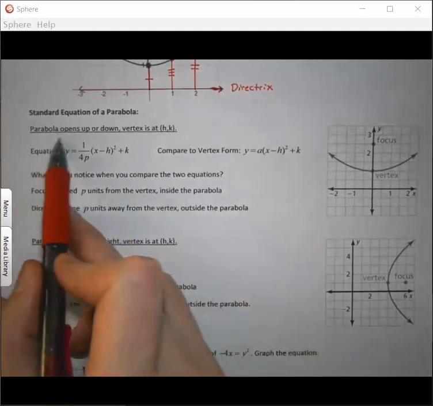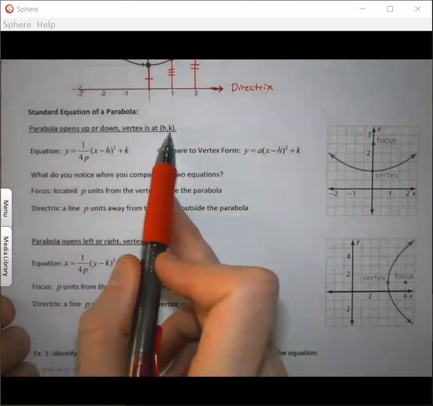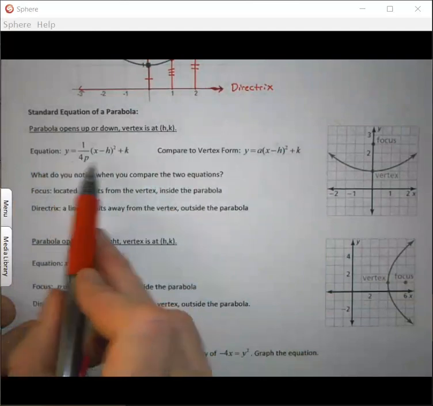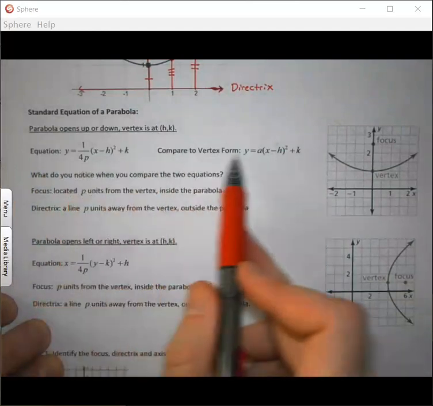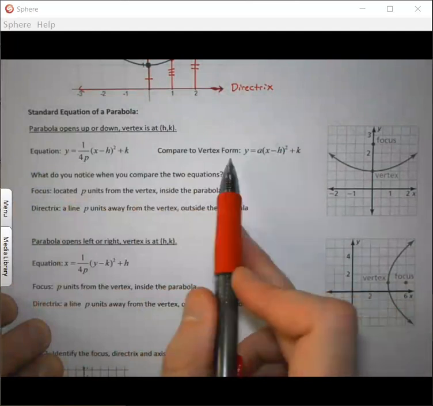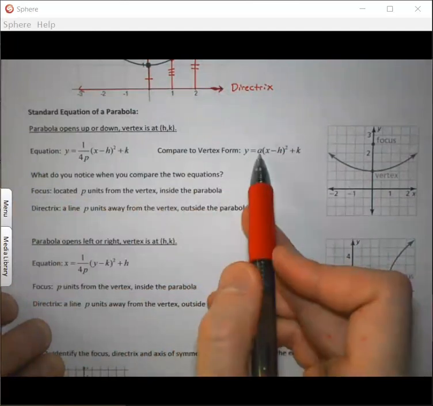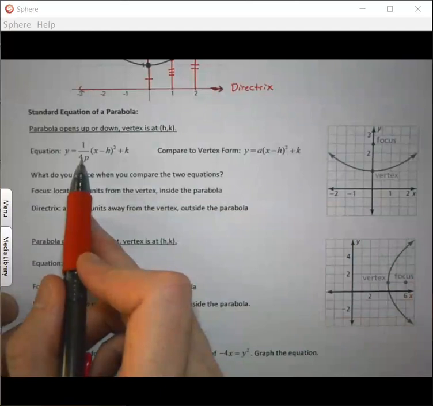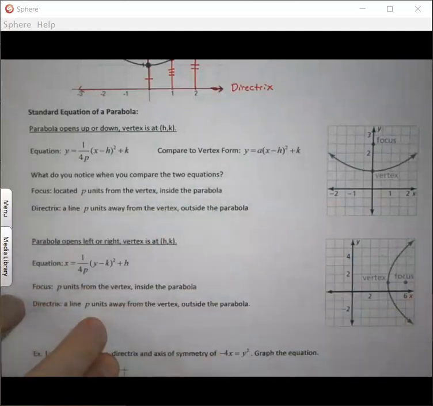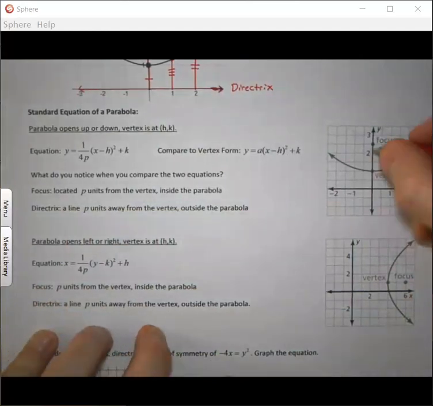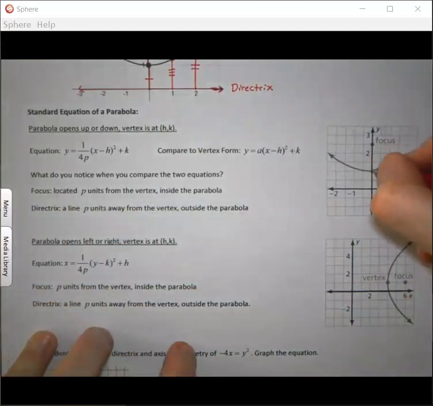So for parabolas that open up or down with a vertex (h, k), we can use this equation. Now if you notice, this is almost identical to vertex form. We just changed this a. Turns out that p is going to be the distance from your vertex to your focus.